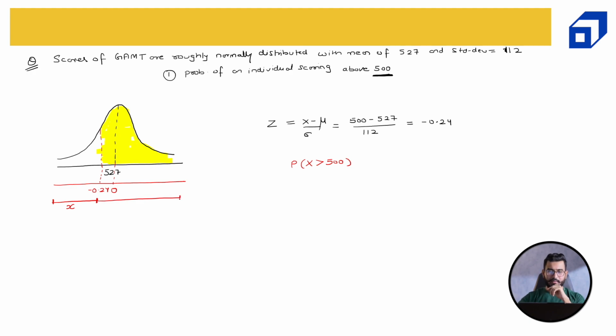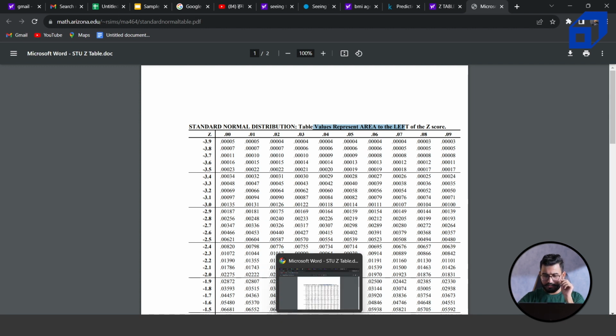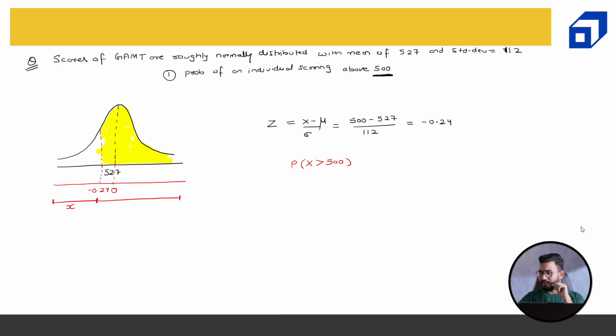Let's check the Z table. Now here we have the Z table, and if you read, this is the standard normal distribution. Table value represents area to the left of the Z score. So if this is my Z score, the area is to the left of the Z score. I'm interested in the value minus 0.24. Let's check the area under the curve.